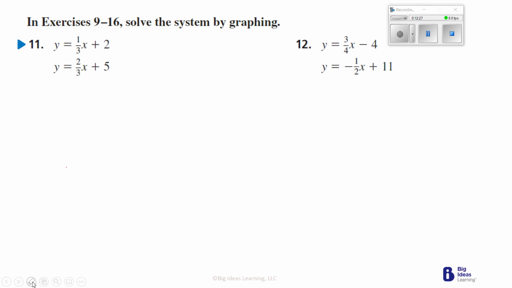Okay, so now I know that they're going to meet in a quadrant way down over here. So I'm going to bring this over here and bring this over here. And we'll put this at 1, 2, 3, 4, 5.